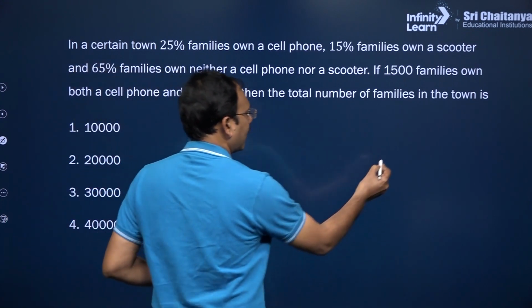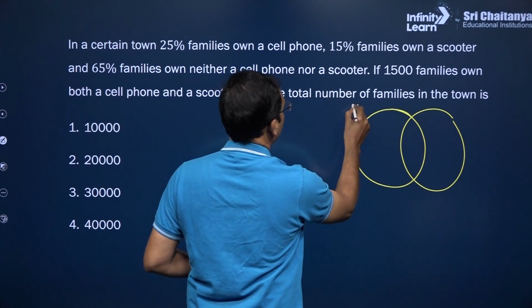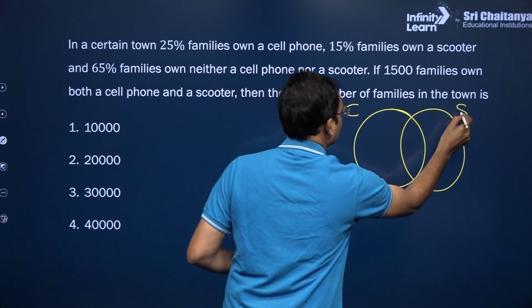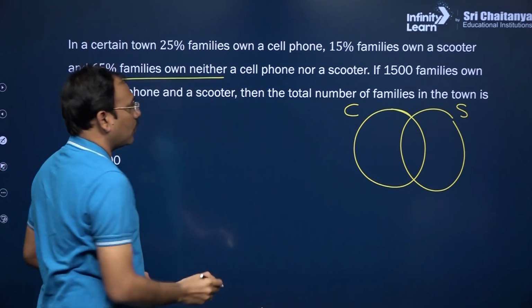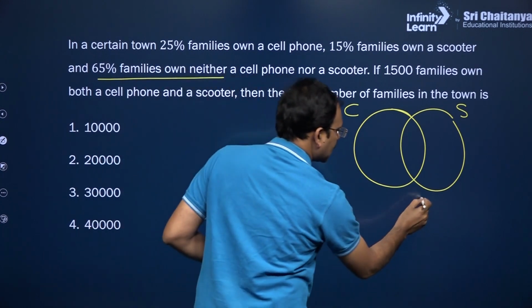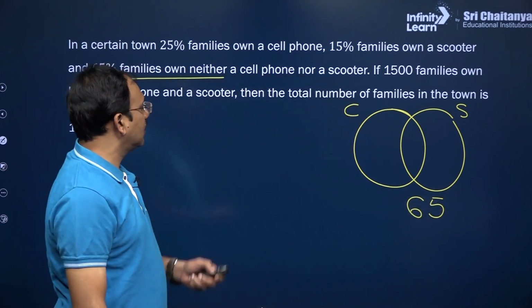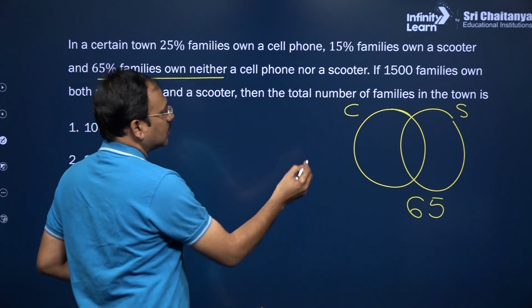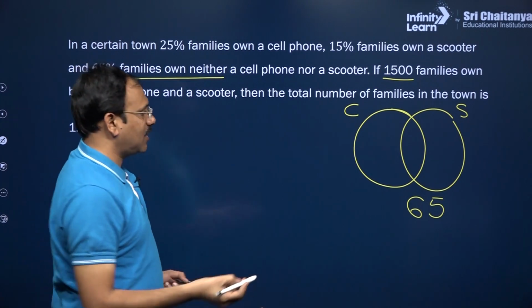You can just take the Venn diagram. There are two items, one is cell phone, other is scooter. 65% of the families own neither, in the sense, let us suppose total 100 members, 65 will be here. Then I want this 1500 families, this is the number, others are given in percentages.